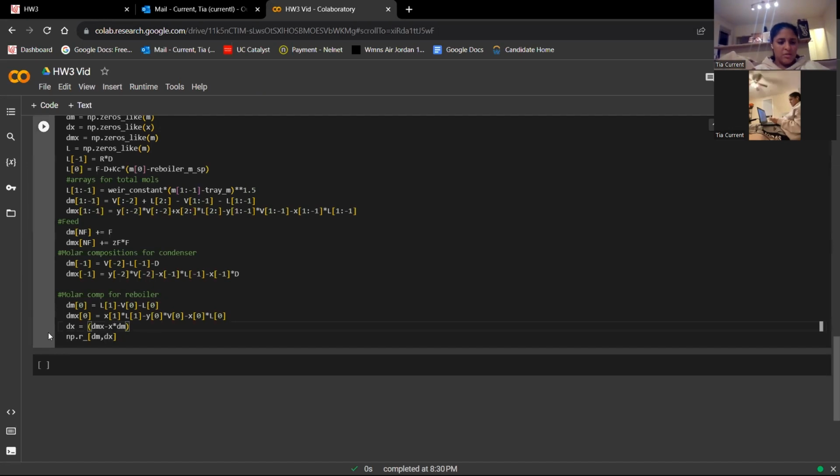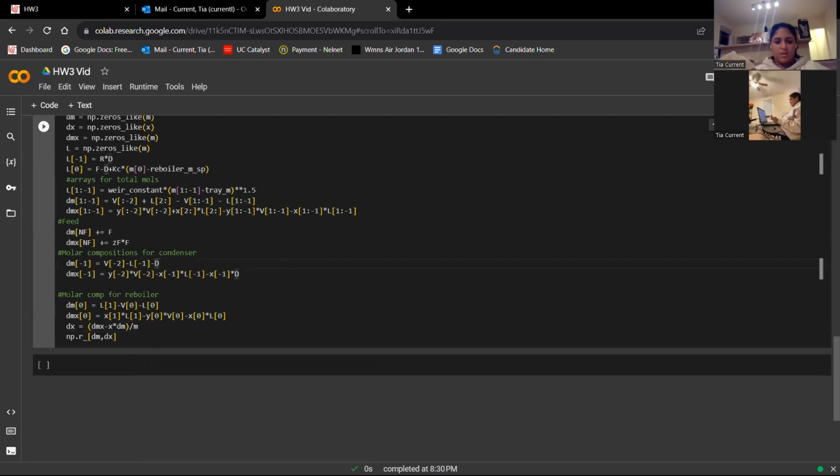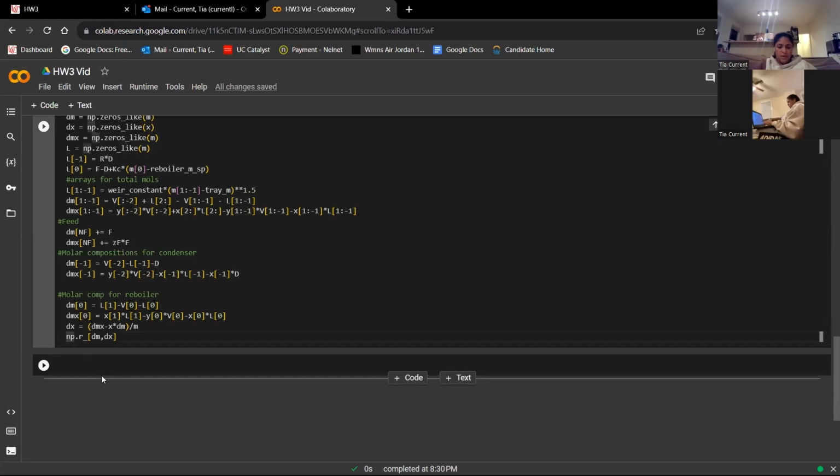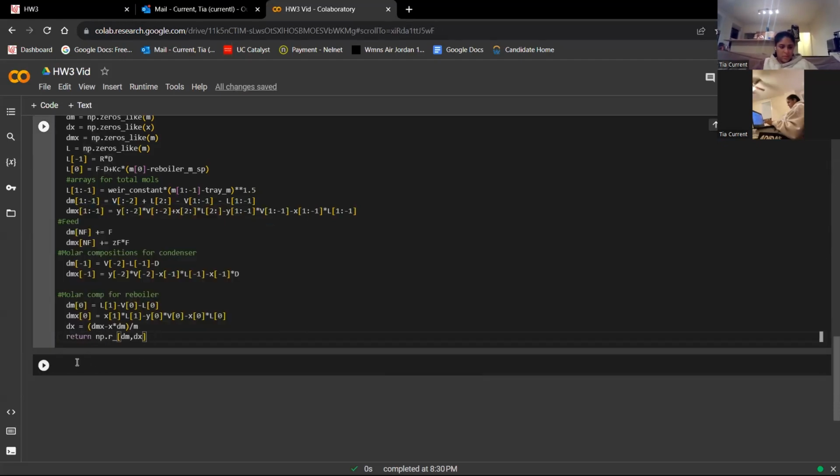So dx is equal to, in parentheses, dmx minus x times dm, close my parentheses, and then divided by m, which is, of course, that equation that we derived earlier. This one, I didn't highlight that very well. Okay, so I realized that I forgot return, because I like to not use return. Okay.